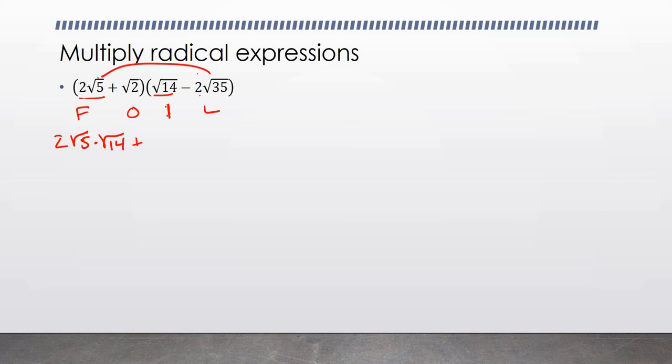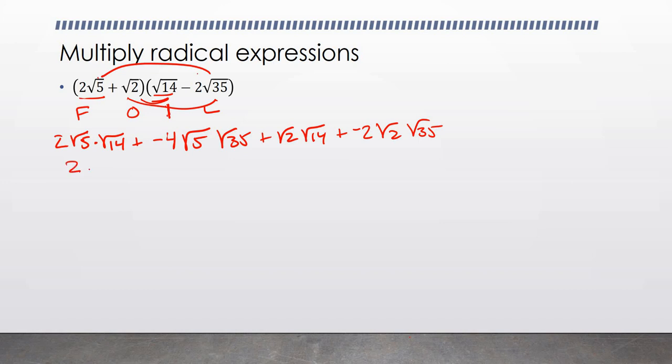Outside. 2 times negative 2 is negative 4 root 5 times root 35. I went ahead and multiplied my coefficients and then wrote out what I was going to do. Inside, root 2 times root 14, and last coefficient is negative 2, root 2 times root 35.